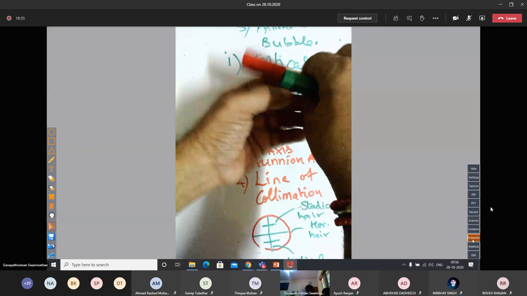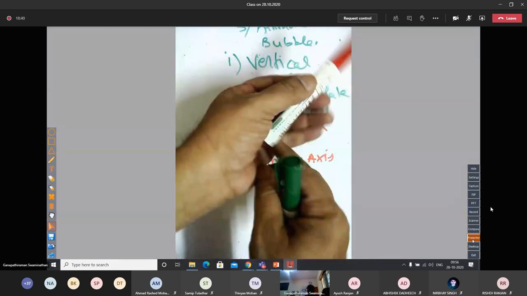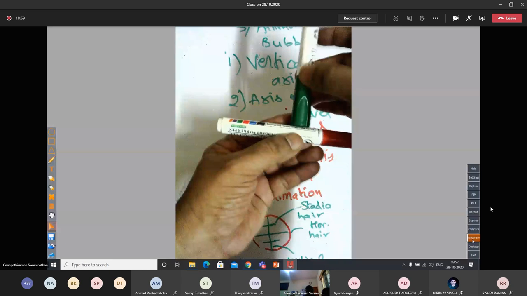The telescope has two movements. One is a horizontal movement: it rotates about the vertical axis. The horizontal axis rotates, and since this is also fitted, along with it this also moves. So this is our horizontal axis.